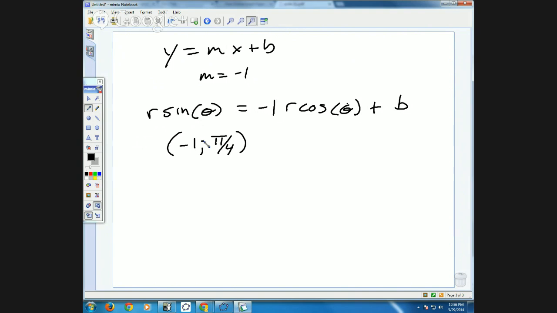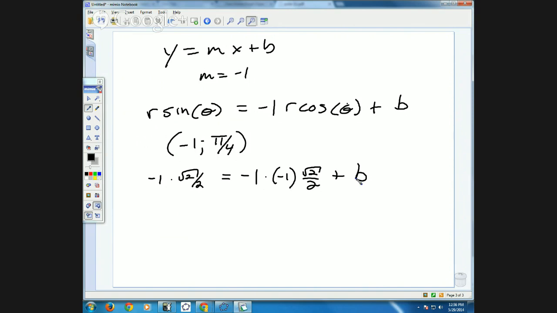R is -1. Sine of pi over 4 is the square root of 2 over 2. And that's supposed to be equal to -1 times r is -1, cosine of pi over 4 is the square root of 2 over 2. And so we can solve that for b.